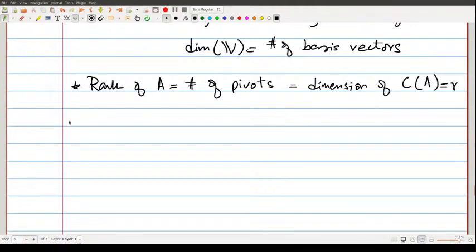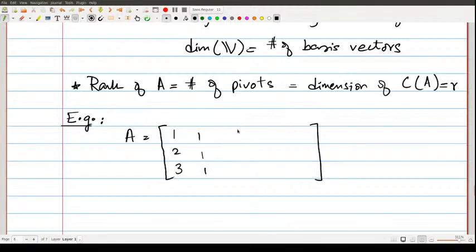Let's take an example and see how you would go about this for a sample matrix. Let's say A is equal to the matrix with rows 1, 1, 2, 5, 2; 2, 1, 0, 10, 3; and 3, 1, 2, 15, 4.